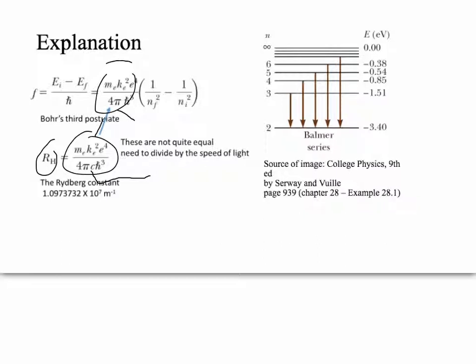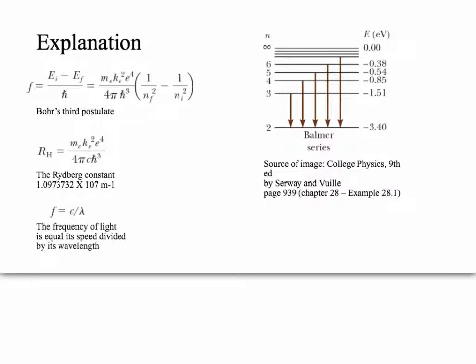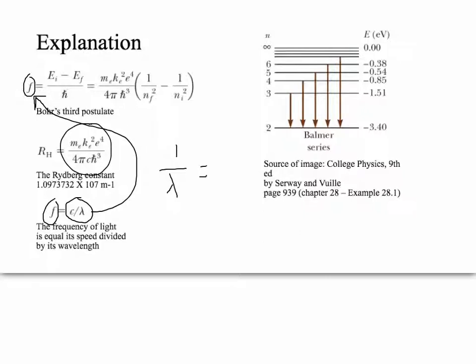Like I just said, these numbers are not equal because this one contains the speed of light and this one doesn't. If we could find some way to divide this variable by the speed of light, then we could replace it with the Rydberg constant. We can do that by doing a substitution. We know that this frequency is equal to the speed of light over lambda. So I replace the speed of light over lambda into that equation, and then I divide both sides by the speed of light, and I end up with 1 over lambda is equal to this, and specifically this times this.